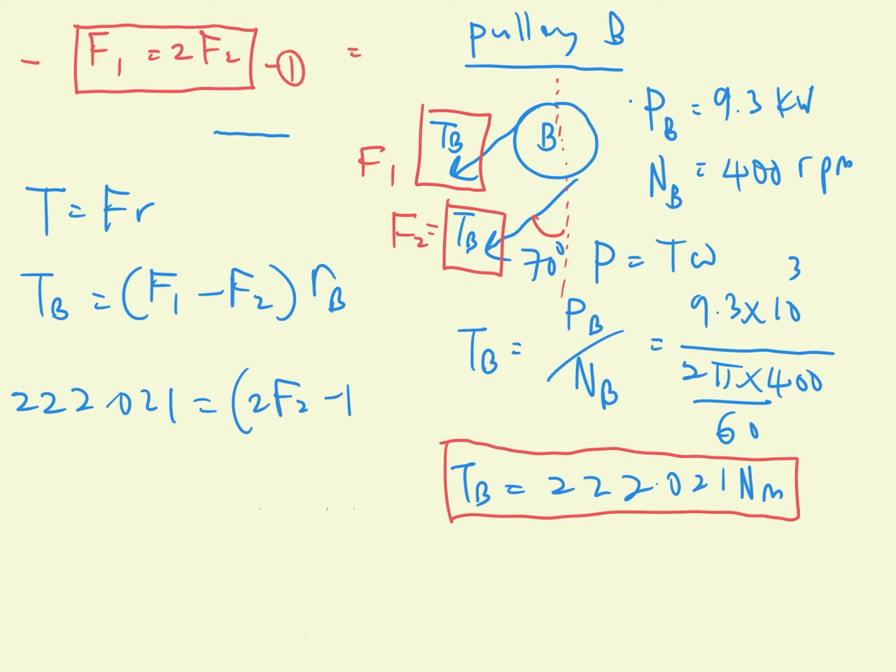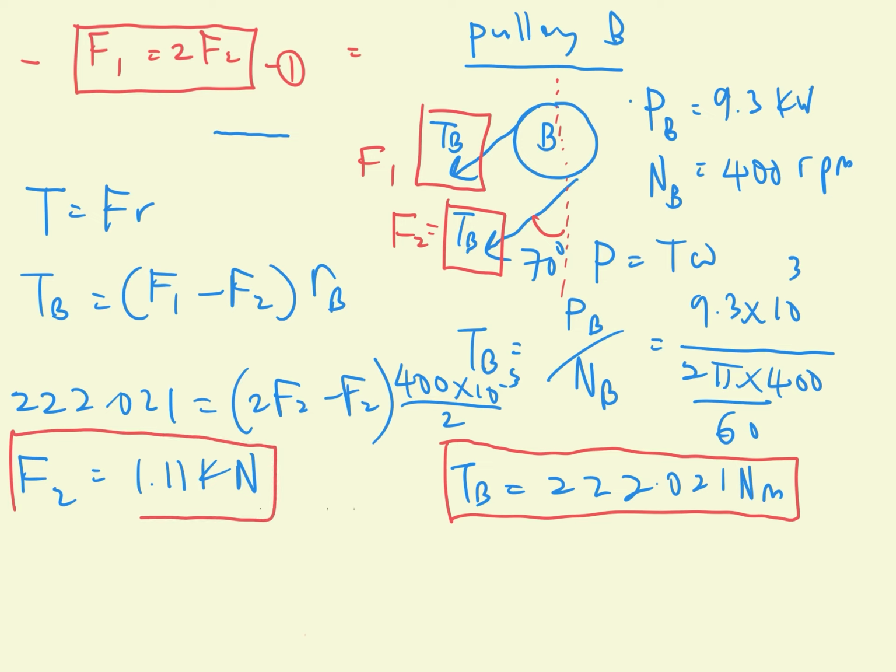So 2F2 minus F2, and the radius for pulley B given previously is 400 millimeter, converted to meter, divided by 2, because we want to use radius only. Solving for F2, we get around 1.11 kilonewton. This is the tension on the slack side for pulley B.